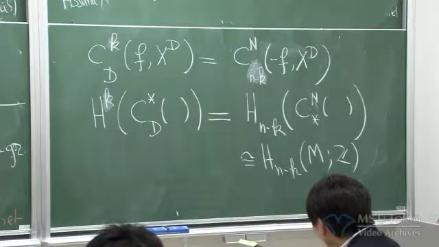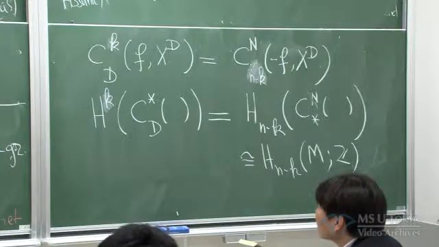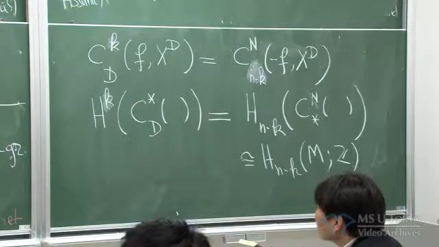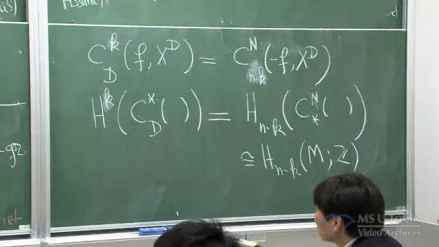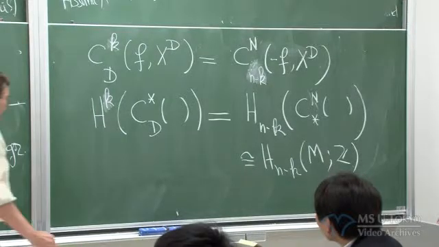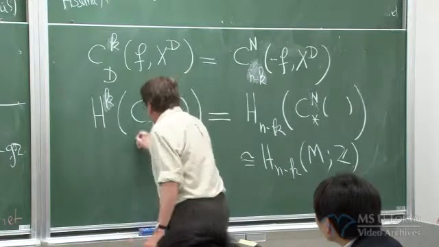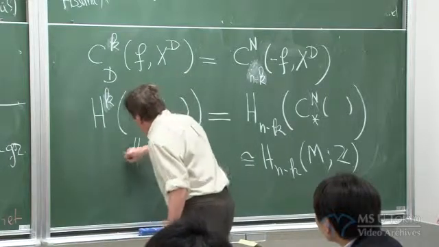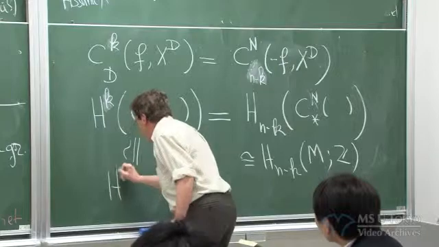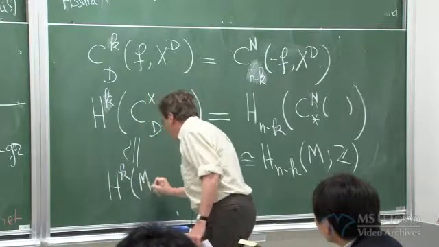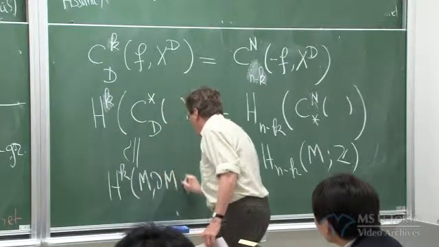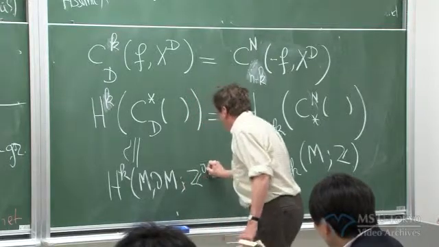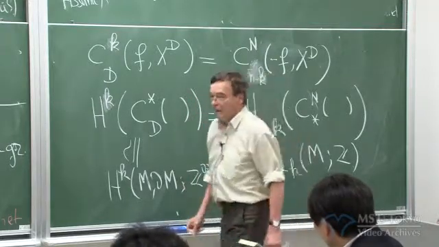So you have no choice. You have something which is calculating the homology, so by Poincaré duality, or Alexander duality if you prefer, I call that Poincaré duality, this one must be isomorphic to H^k of M relative to boundary, but with coefficients twisted by the orientation.